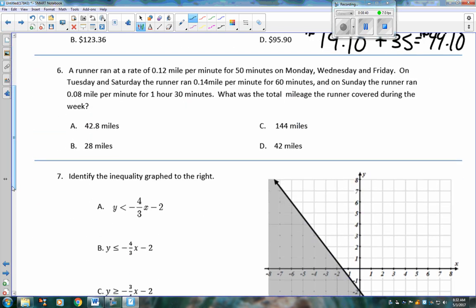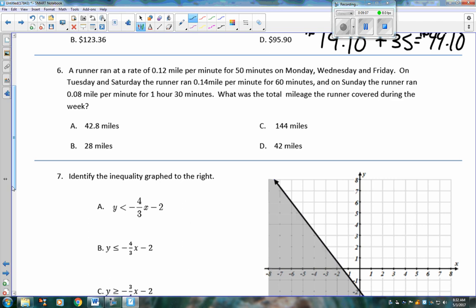Number 6. The runner ran at a rate of 0.12 miles per minute for 50 minutes on Monday, Wednesday, and Friday. On Tuesday and Saturday, the runner ran at 0.14 miles per minute for 60 minutes. And on Sunday, the runner ran at 0.08 miles per minute for an hour and 30 minutes. What was the total mileage the runner covered during the week?